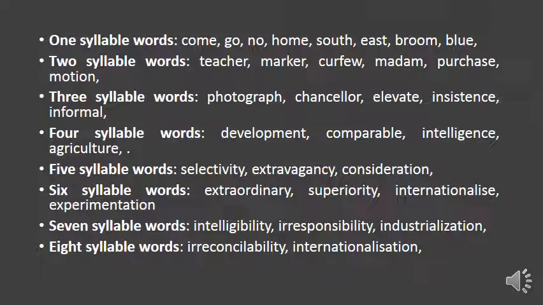In six-syllable words we have a word like extraordinary. If you count, there are six, with the remaining examples. Also in seven-syllable words we have intelligibility. There are seven if you count them the way I pronounce them. And also in the eight-syllable words we have a word like irreconcilability. So this is how syllables are and their examples.